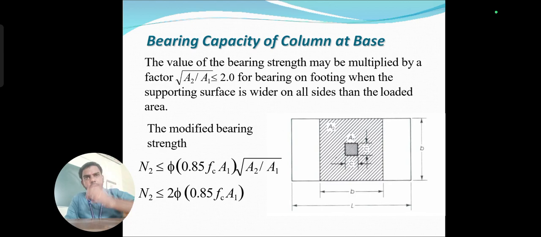The modified bearing strength N2 is less than phi into 0.85 fc into A1 into root A2 by A1. This is the ratio you multiply with the N2 value, and then N2 to phi, that is 0.85 fc A1. With both values we should study the bearing stress acting at that location.